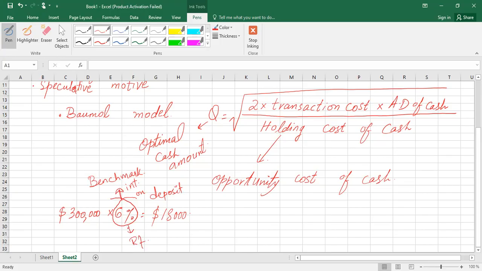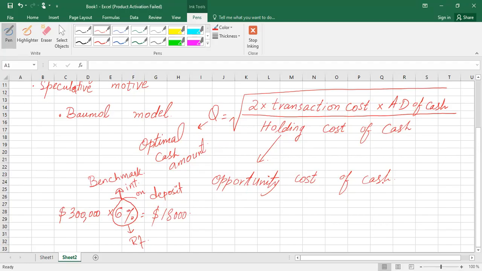Everyone will be interested to invest surplus cash in this risk-free area to maximize his or her wealth, or alternatively, to compensate inflation. This is called benchmarking, or benchmark interest on deposit.